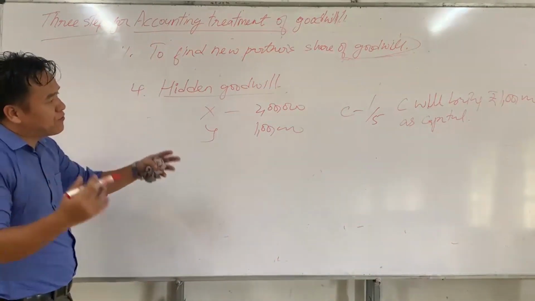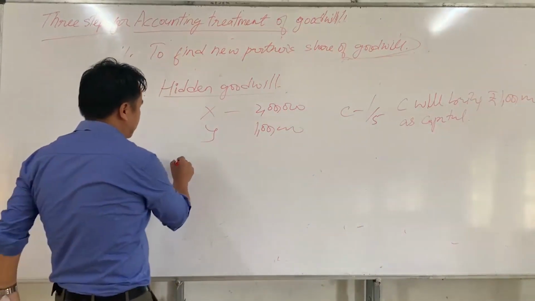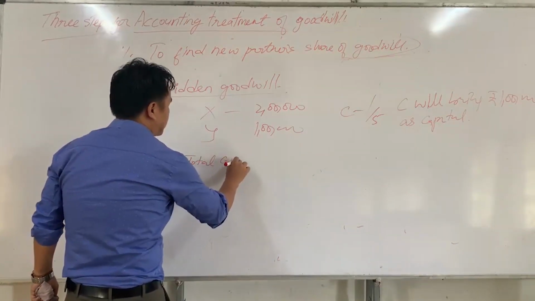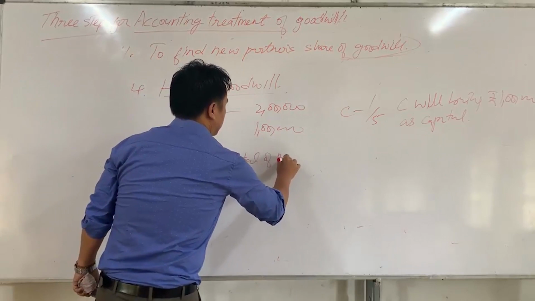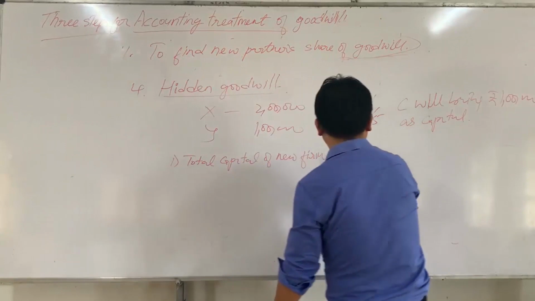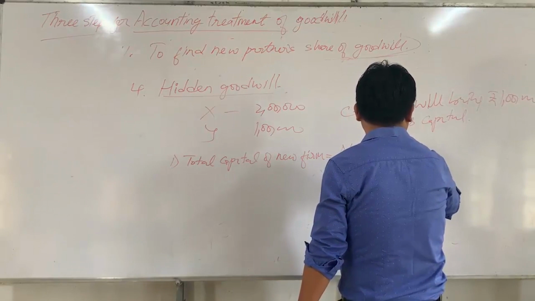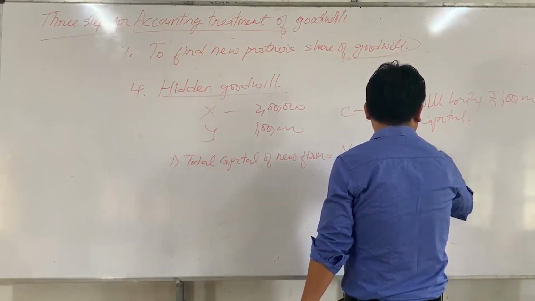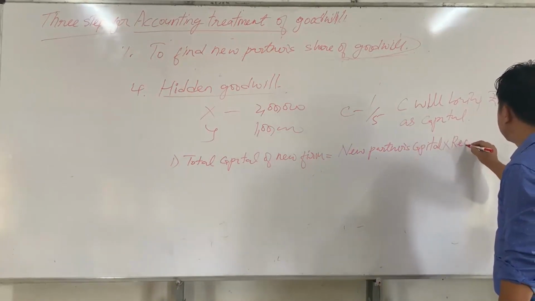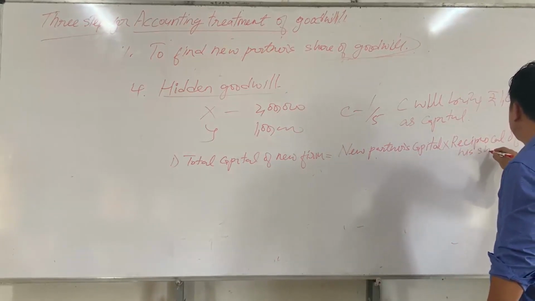Okay. Now we have to find the firm's goodwill by using 3 steps. The first step is to find the total capital of the new firm. Total capital of the new firm is equal to the new partner's capital multiplied by the reciprocal of his share.